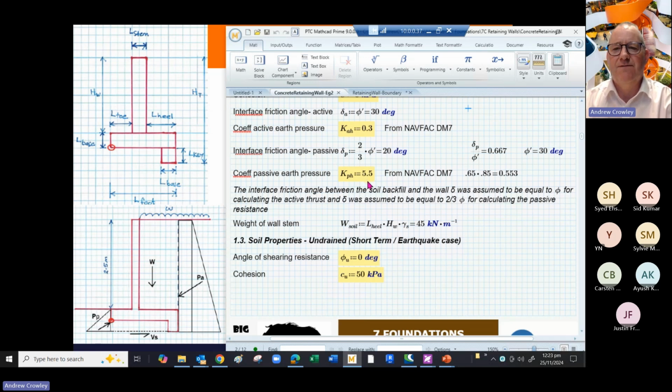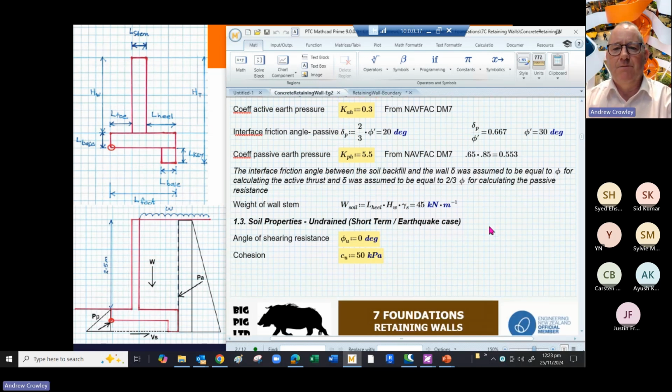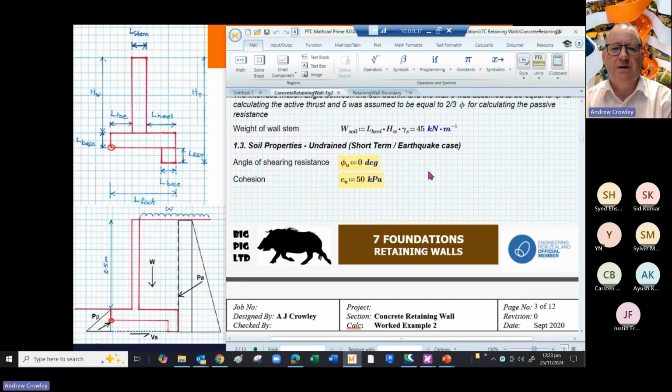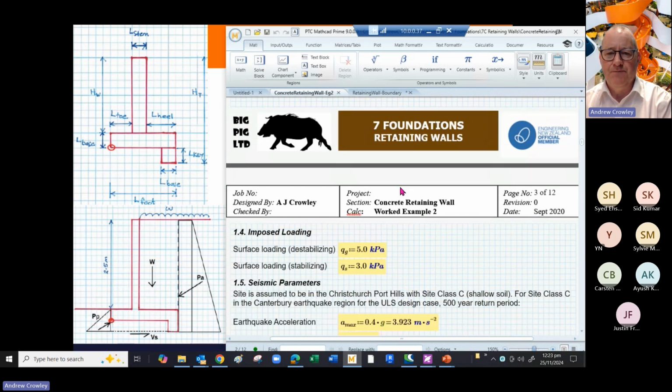The 5.5 derives from the figure 0.65 multiplied by the 0.85. That's the fiddle factor you'll find in the table next to the graph. Yes, very complicated. And for the earthquake case, we're looking at undrained short term, and we take our angle of shearing resistance as 0 and our cohesion CU as 50 kPa.